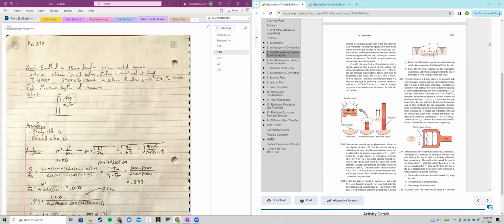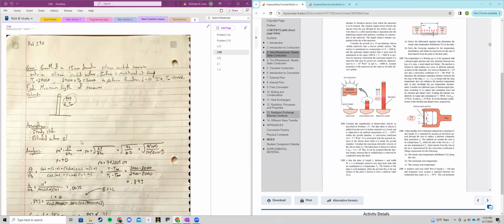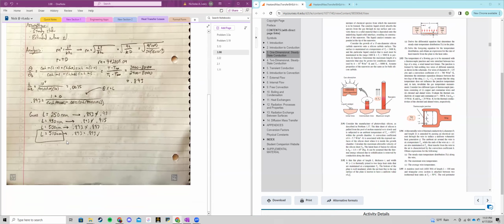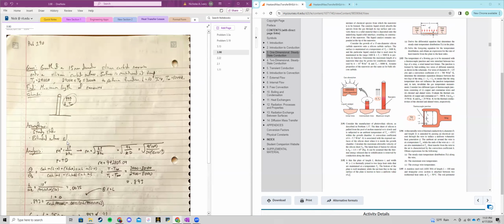And then our assumptions, we know that it's going to be a steady state problem for where we're at right now. And then it's also an extended surface solution.